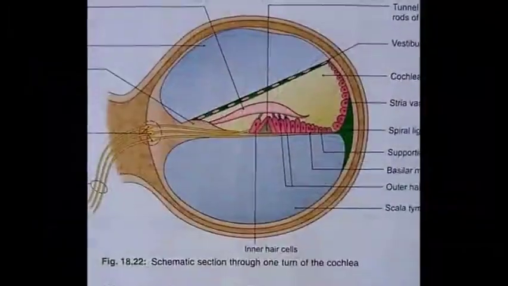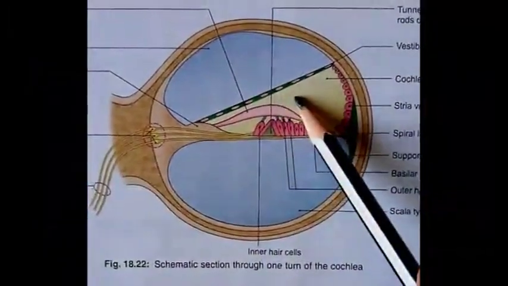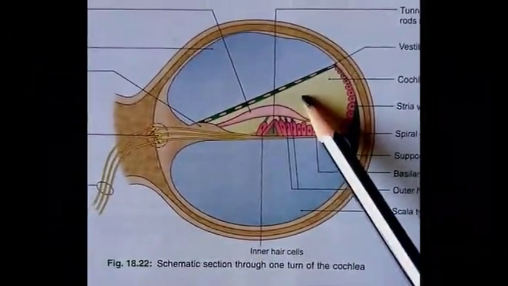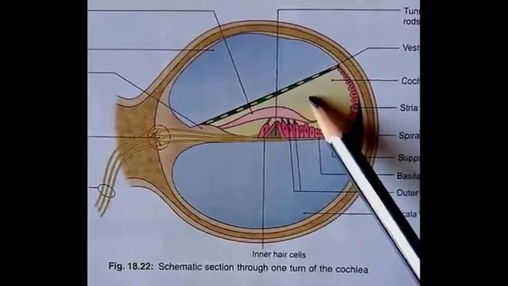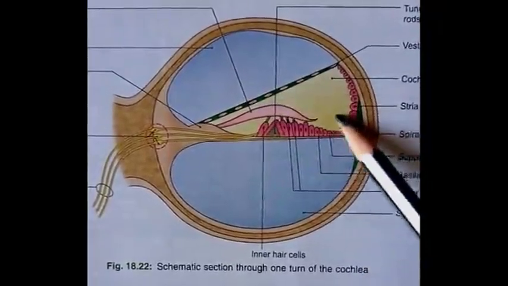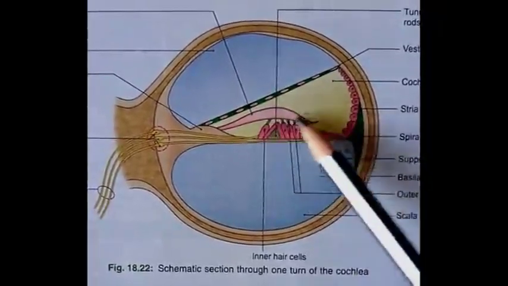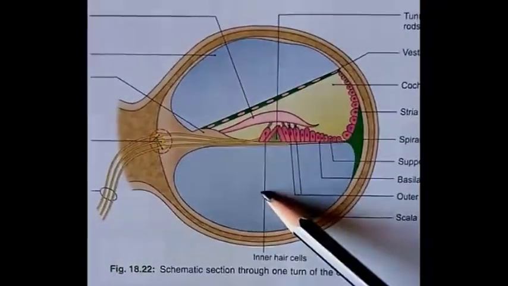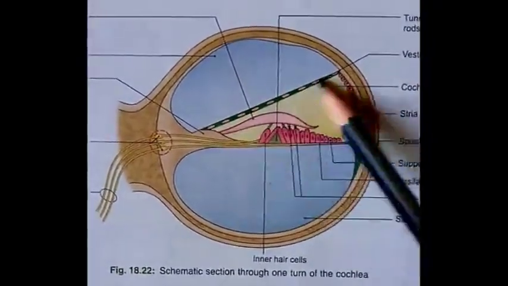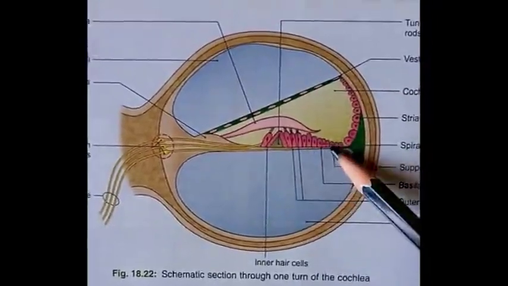So first comes the duct of cochlea, or simply the cochlear duct. It is also known as scala media and spiral duct. The spiral duct occupies the middle part of the cochlear canal between scala vestibuli and scala tympani. It is triangular in cross section.